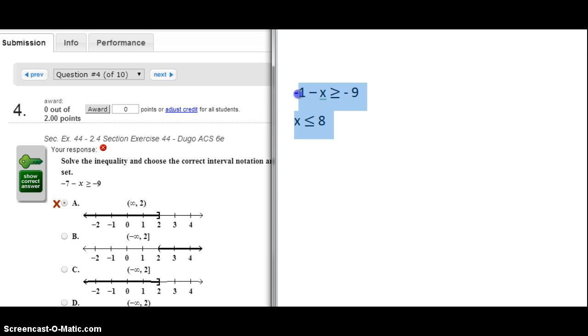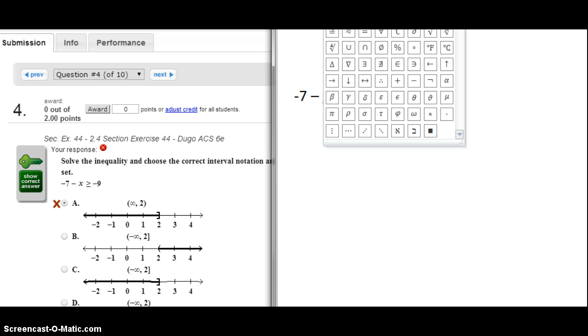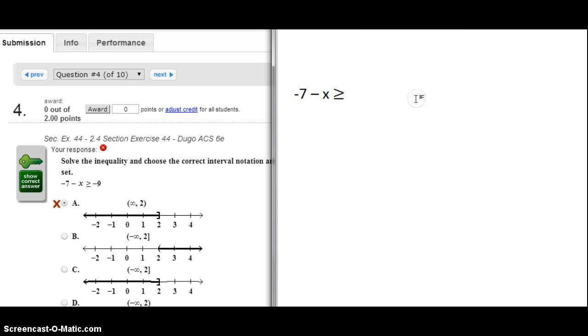For number 4, I have the equation wrong here. It's, let's see, negative 7 minus x is greater than or equal to negative 9.